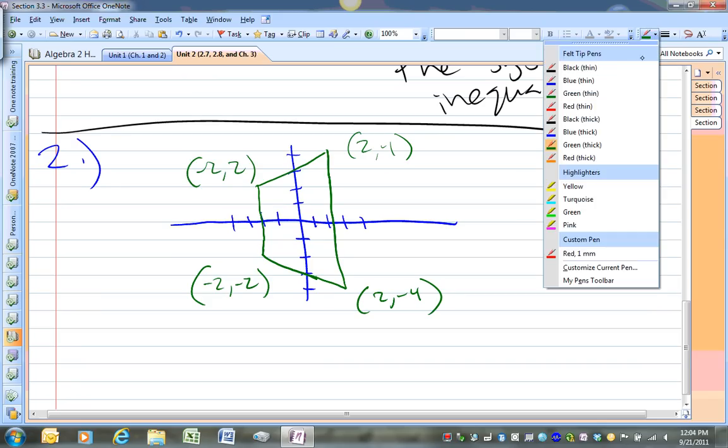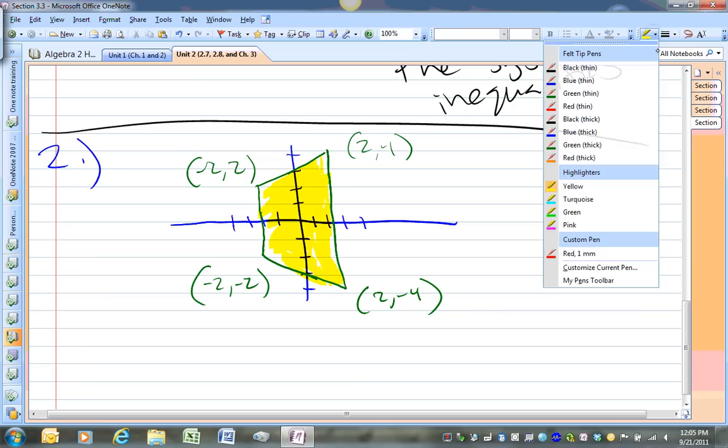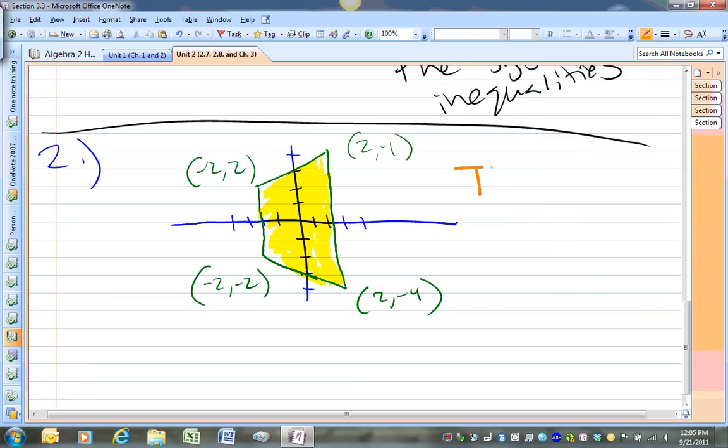And say that inside was shaded. This is the kind of question for sure I'll ask on a test, so you definitely want to make sure you take good notes on this. Test question for sure.